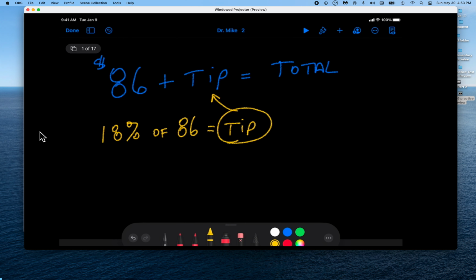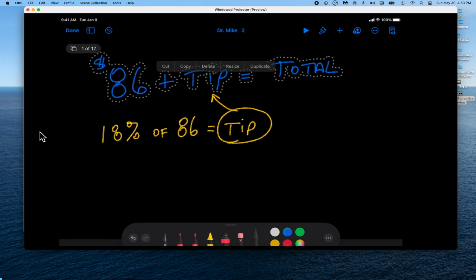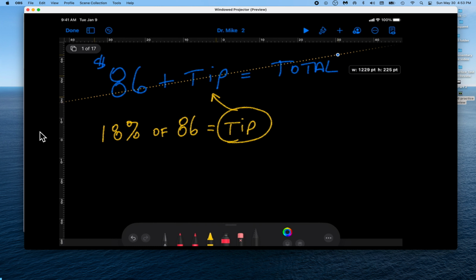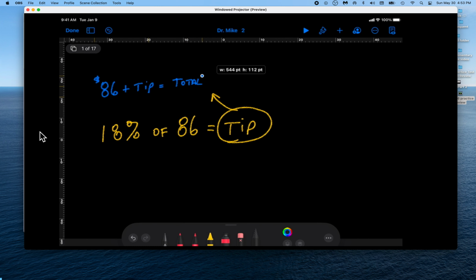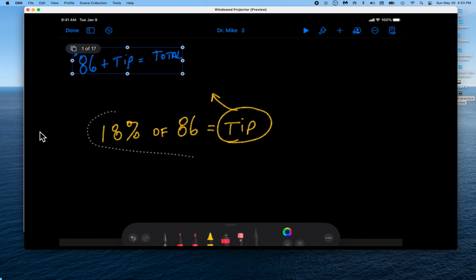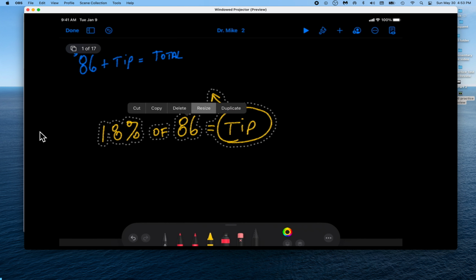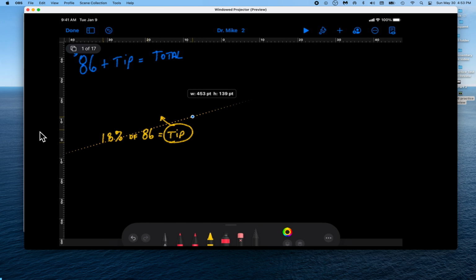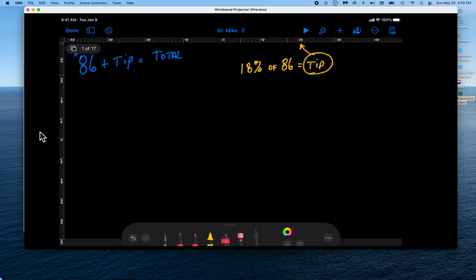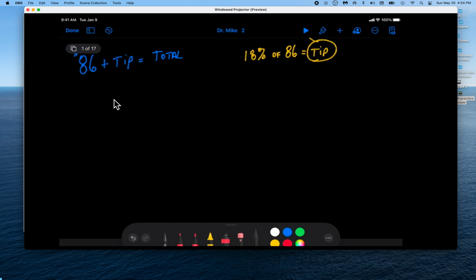Okay, let's do that. 18% of 86. How would I do that without a calculator? I would take that percent sign and get rid of it and replace it with division by 100.